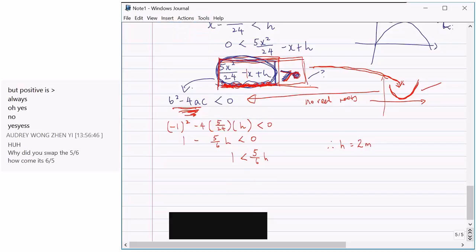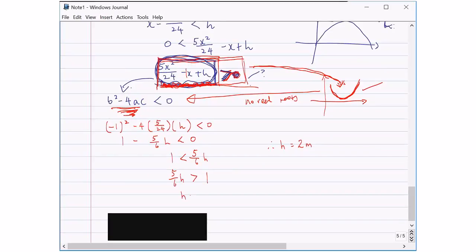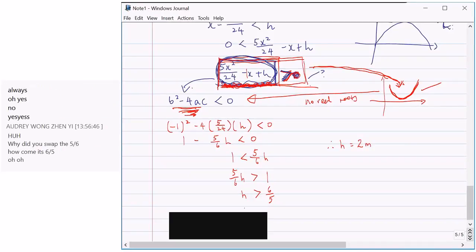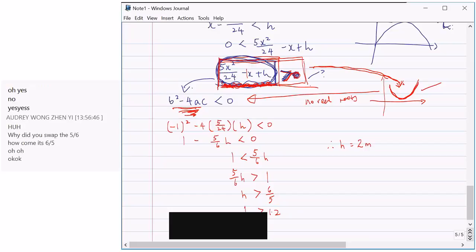I do again, 5 over 6h, then the alligator jaw is facing it, 1. Okay, I just swap the position, I never do anything. I don't want the 5 over 6, correct? What do I do? I divide the 5 over 6 over. When you divide it over, it will turn upside down, won't it? So h must be bigger than 1.2. And the closest integer value to 1.2 is 2. Just 2.